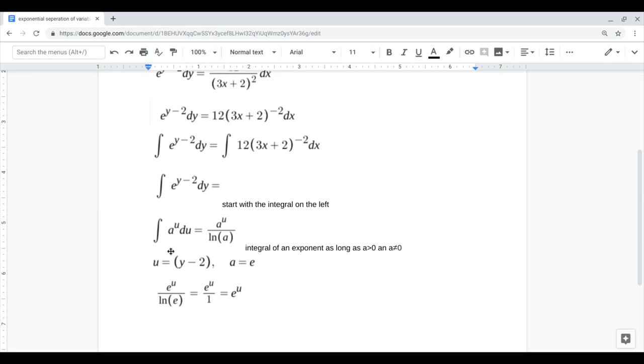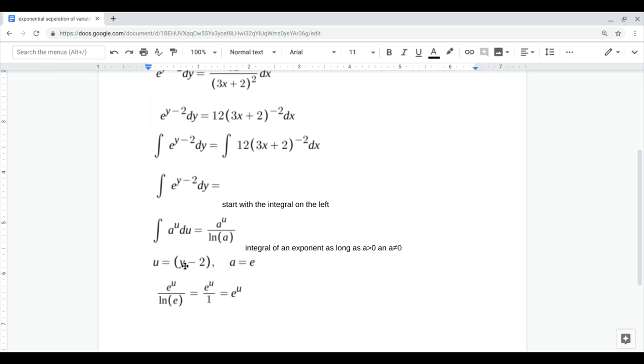So the integral of e to the u du is equal to e to the u over ln e, which turns out to be e to the u divided by 1, since ln e is equal to 1. So the integral of this is equal to e to the u.